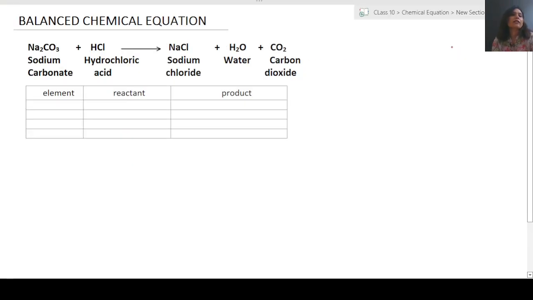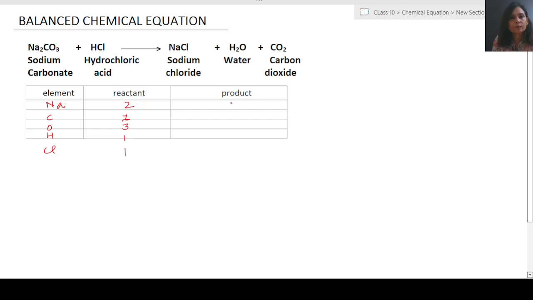Sodium carbonate reacts with hydrochloric acid to give us sodium chloride, water, carbon dioxide. So again we'll start with listing the elements Na, C, O, H and Cl. Now in the reactant Na is 2, C is 1, O is 3, H is 1, Cl is 1.